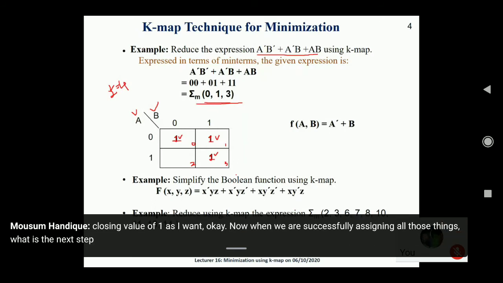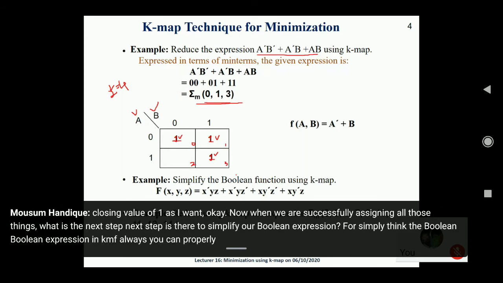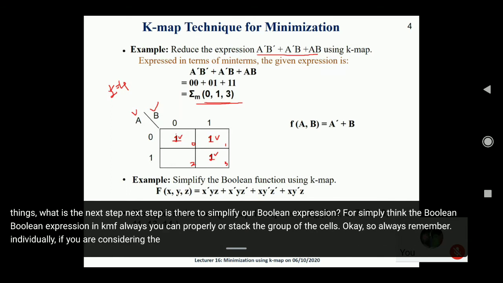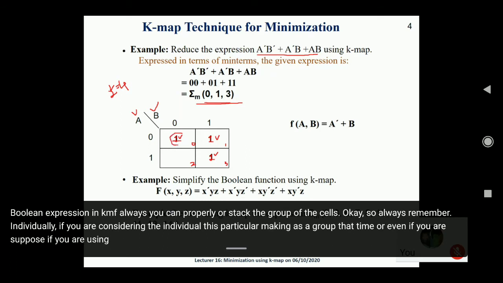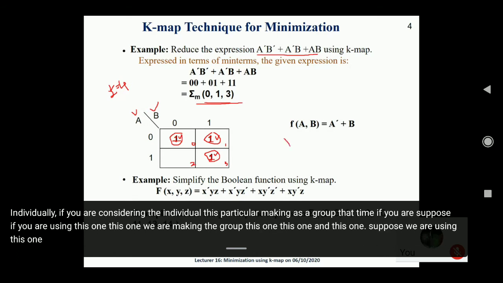The next step is to simplify the Boolean expression. For simplifying the Boolean expression in K-map, you must properly construct groups of cells. Always remember, if we consider each individual cell as a group, suppose we use this one, this one, and this one, what is the value of F?